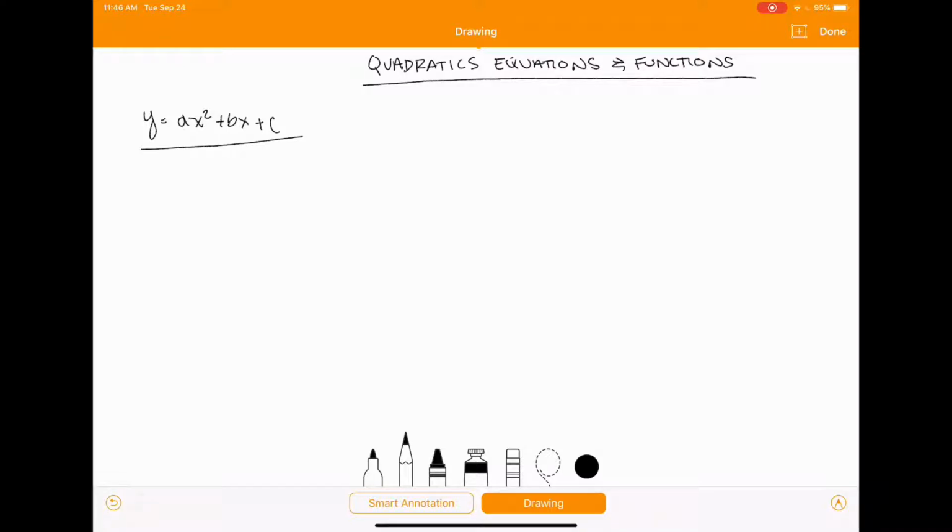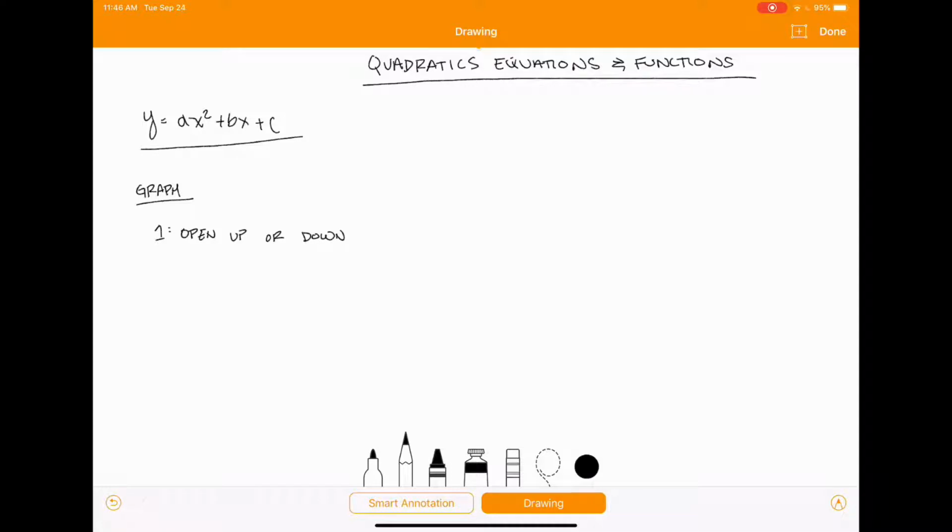So the first thing we want to be able to do is learn how to graph these. And so there's a couple different steps that we can follow in order to graph a quadratic function or equation. The first thing that you want to do is to determine if your graph is going to open up or down.